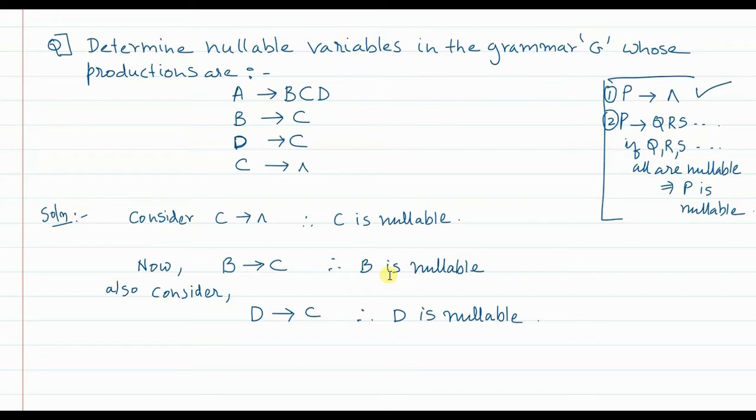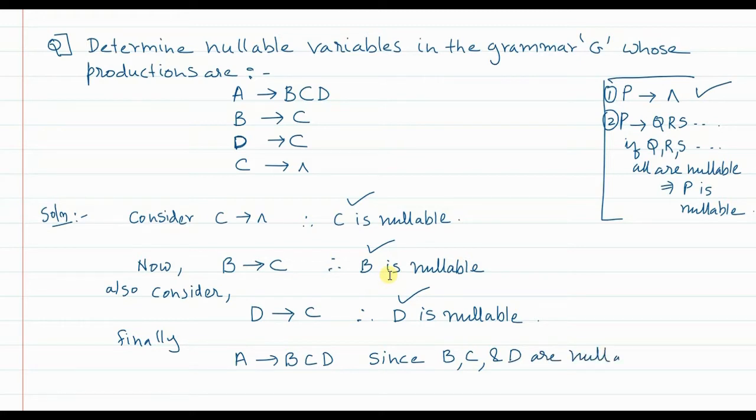So far C is nullable, B is nullable, D is nullable, and finally A gives B, C, D. Since B, C, and D are nullable, A is also nullable.